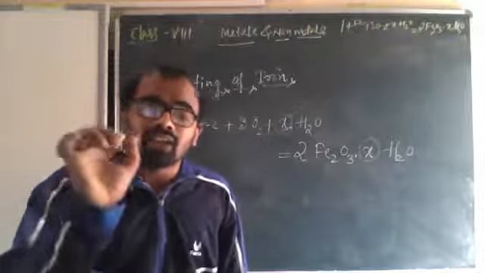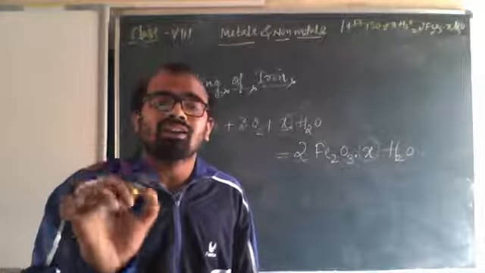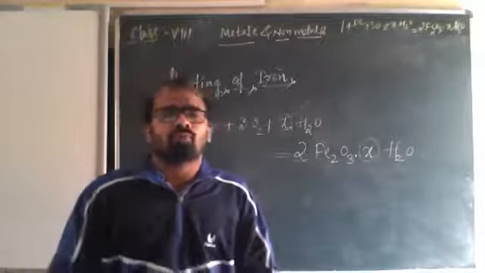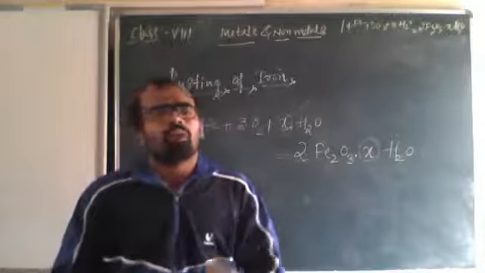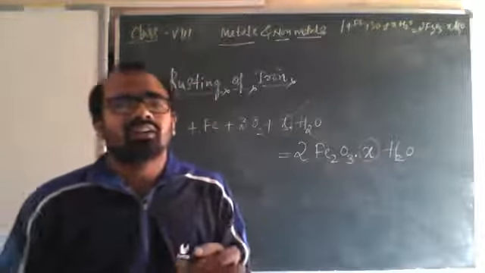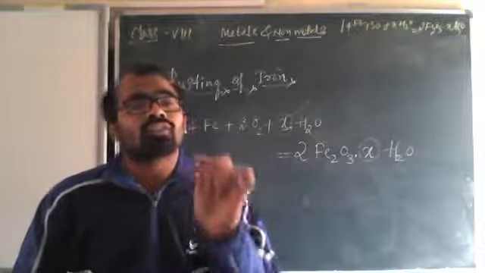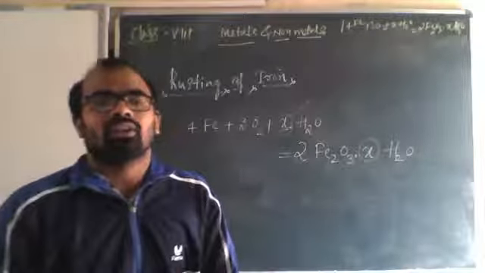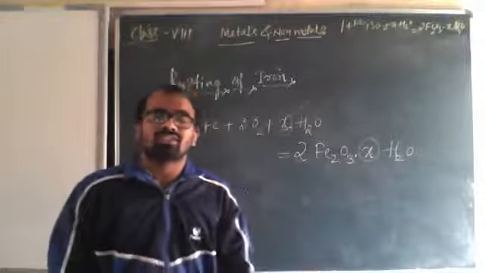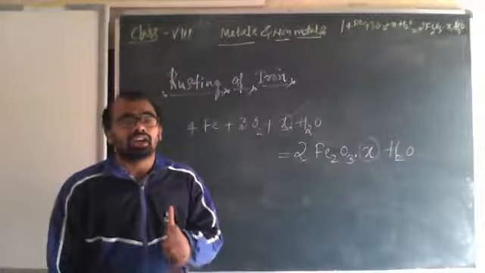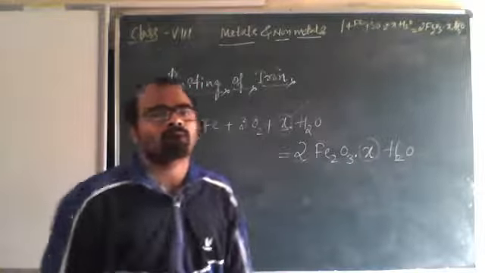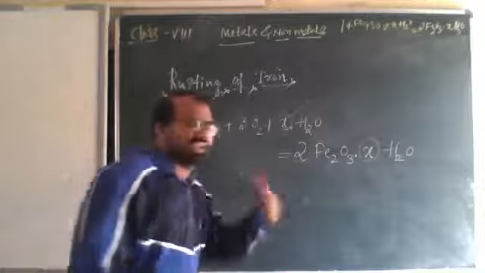Hence, a yellow colored, not yellow, properly brownish we can say, a brown colored layer is formed on the surface of iron. This process is called rusting of iron. So x you can write any number.